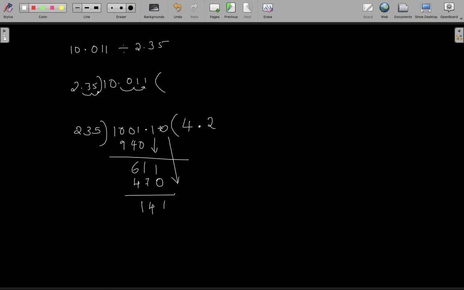Why can I imagine there's a 0? Because this is after the decimal point and to the extreme right. You can introduce as many zeros as you want. So let us bring down this 0. Now 235 times 6 is 1410, leaving you with the remainder 0. So the answer in this case is 4.26.